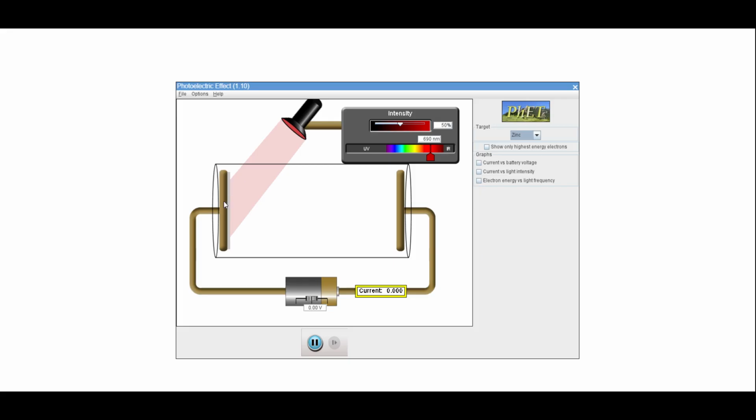If we wait long enough, then lots and lots of energy is going to be delivered to the plate. So if the electrons inside this metal are going to collect enough energy to be released from the plate, then according to the wave theory of light, all we have to do is wait.